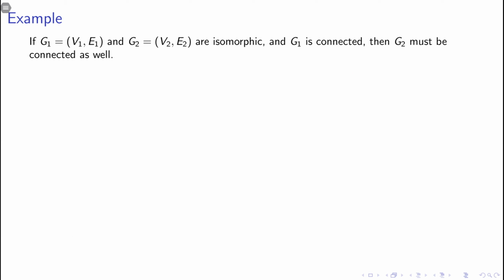So to end this video, I just want to talk briefly about this exercise, which, if you read it, seems very obvious. A lot of statements in graph theory are like that, where you probably think, well, if I have two graphs that are isomorphic, and one is connected, clearly the other one has to be connected. There's just no other way.